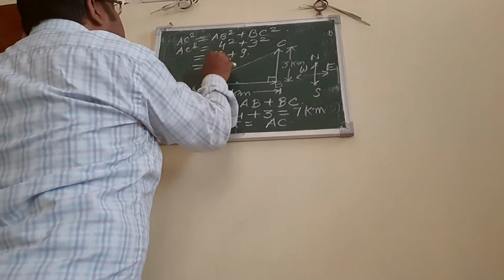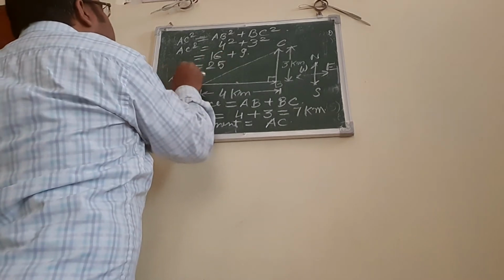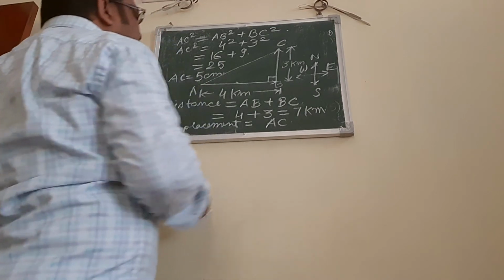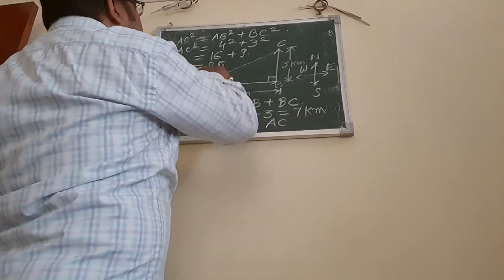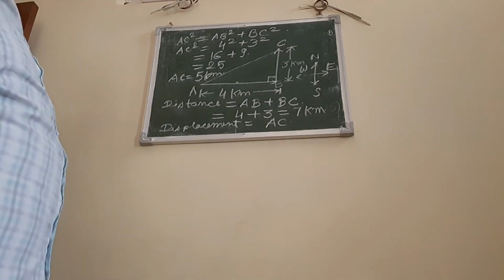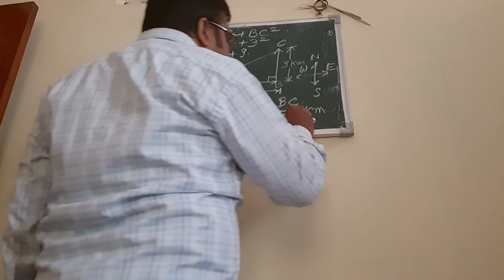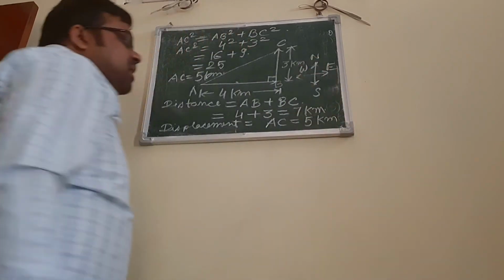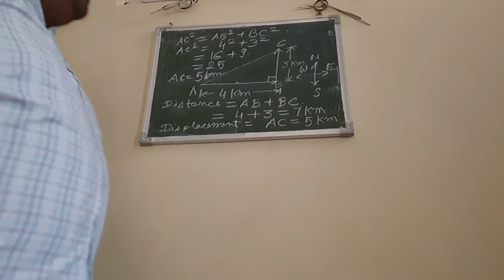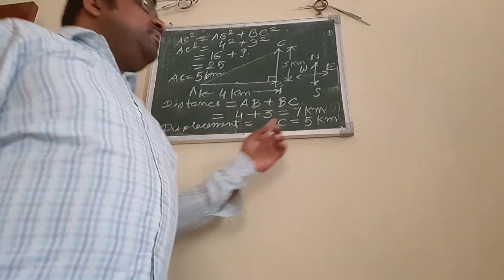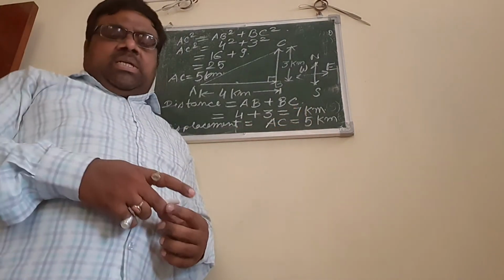So it is 25. So AC equal to 5 kilometer. So the displacement will become 5 kilometers. So this will be our answer. The distance will be 7 kilometer and the displacement will be 5 kilometer.